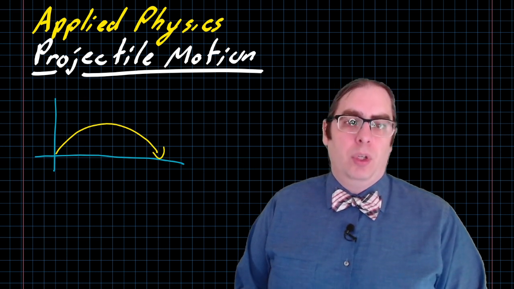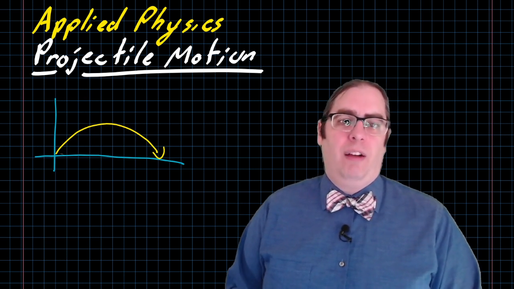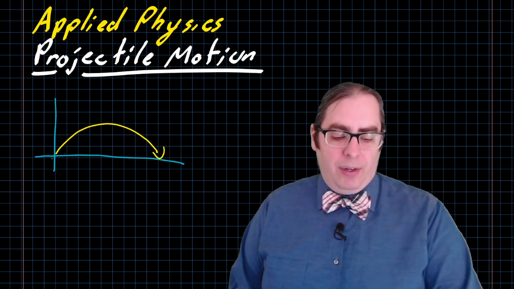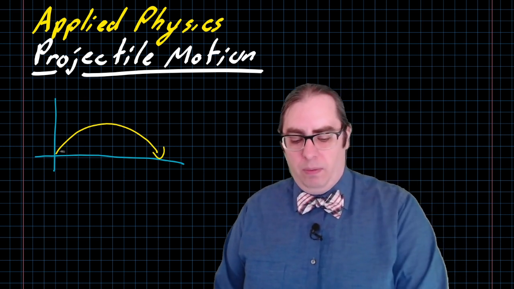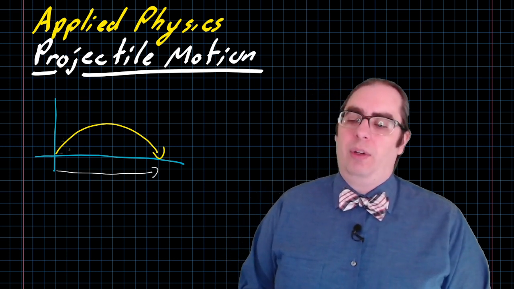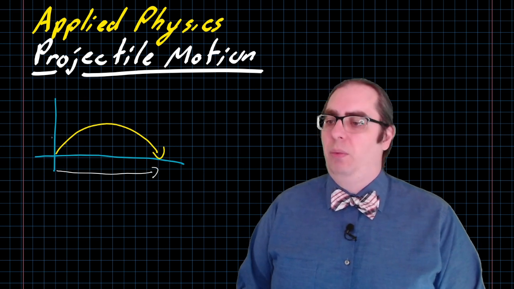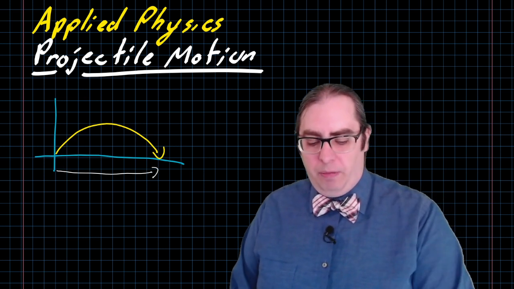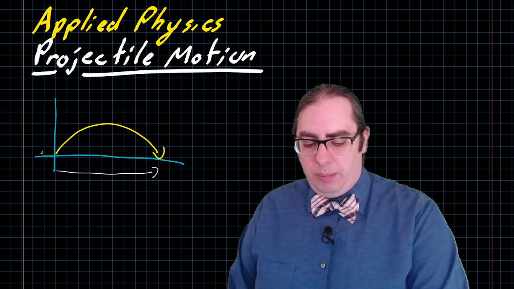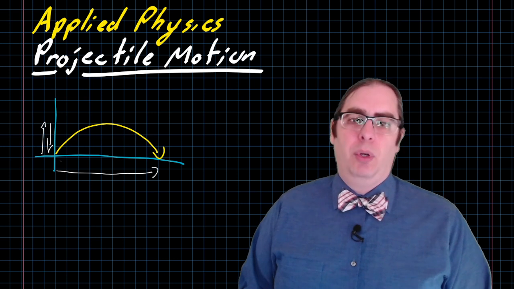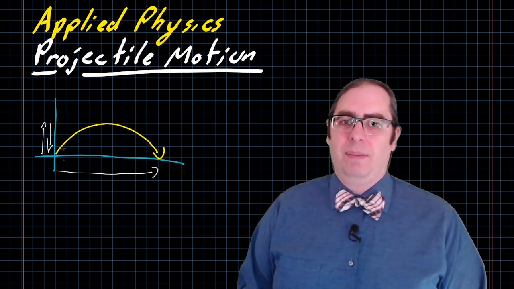The most important of which is the law of isolation of motion. If we think about how this object is moving, we can break it into components. There is an x component of motion, which is just going to be motion along a straight line, and there's a y component of motion, where this object is going to go up and then back down, and that's also motion along a straight line.